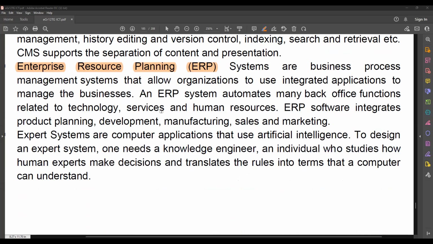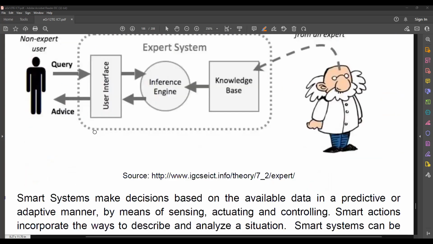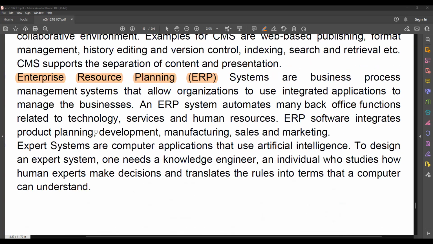So they have to have enterprise resource planning. They have to plan the product, develop it, manufacture it, and finally sales and marketing. So that is there, right? So let's move on to the last two topics.